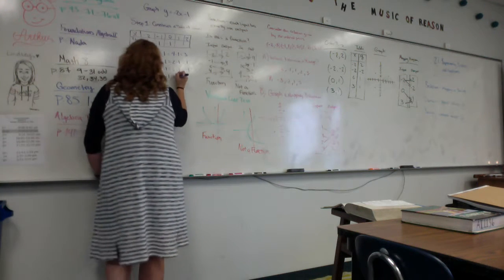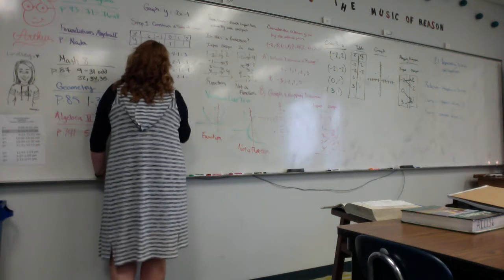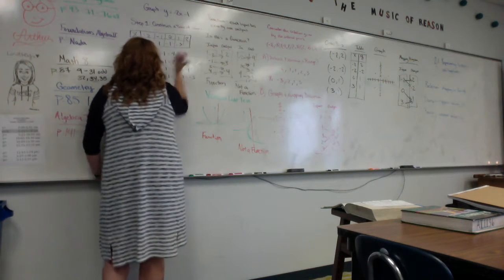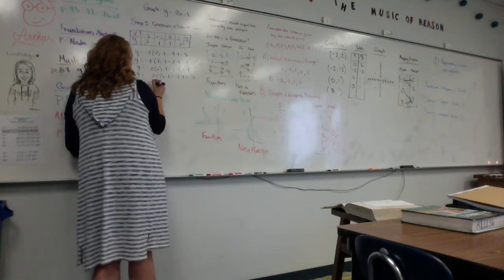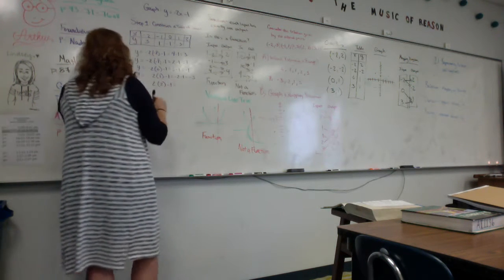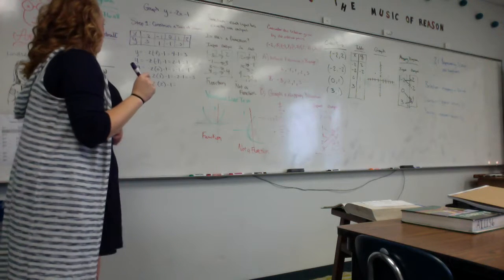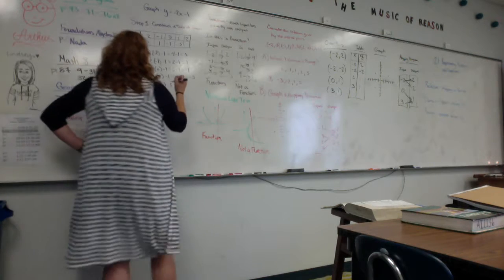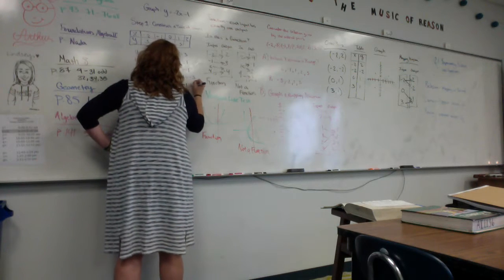Negative 2. And then I have negative 2 minus 1, which is? Negative 3. Good. And then the last one would be y equals negative 2 times 2 minus 1. What's negative 2 times 2? Negative 4. And negative 4 minus 1 is?